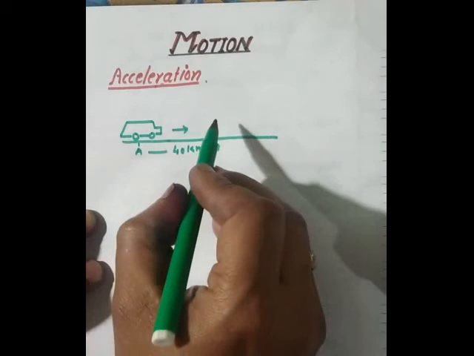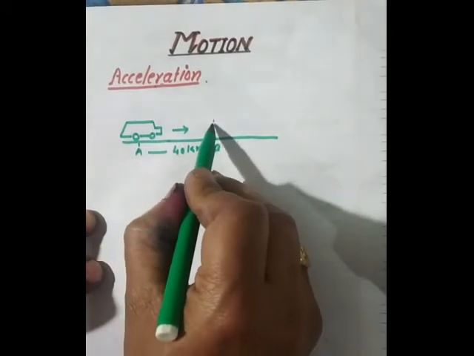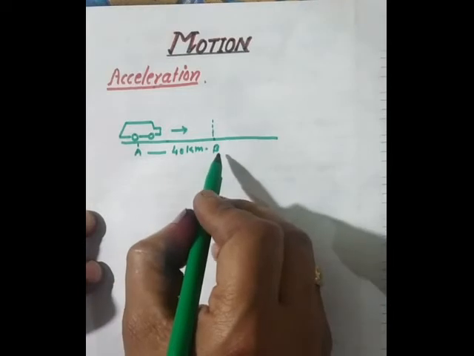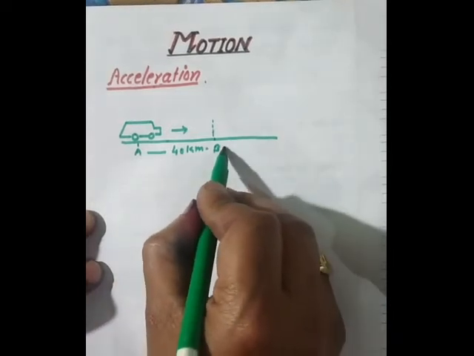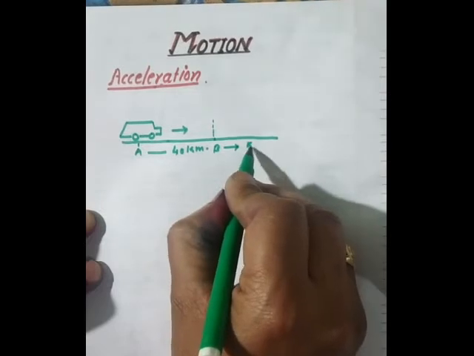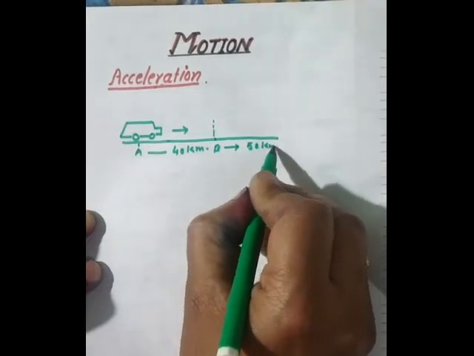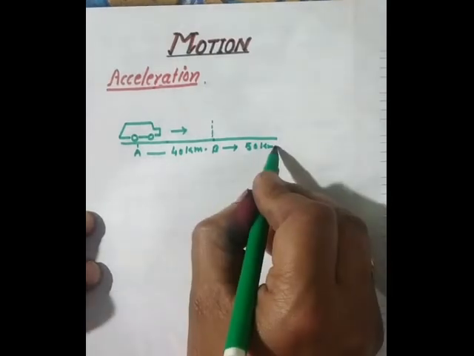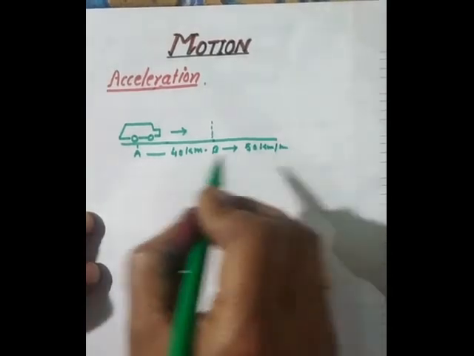When the car reached point B, its speed increased and became suppose 50 kilometer per hour.